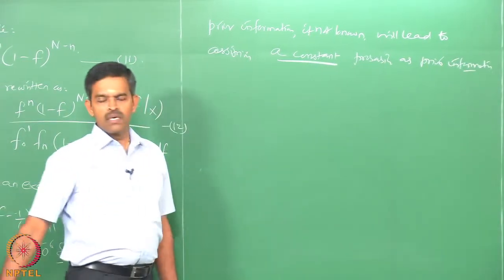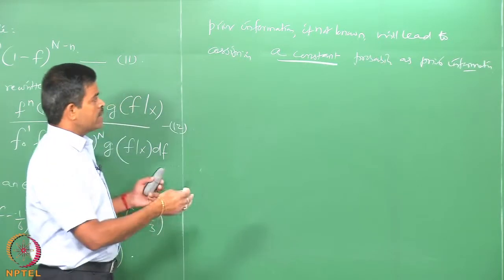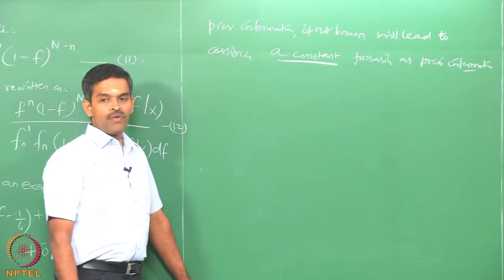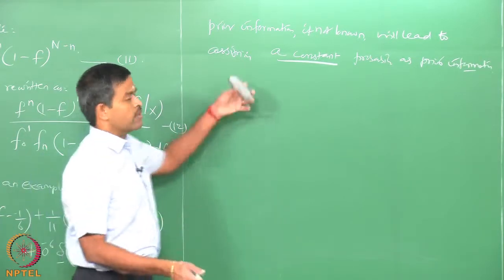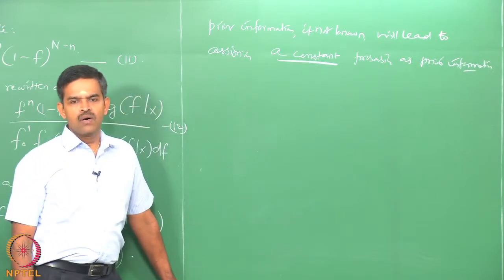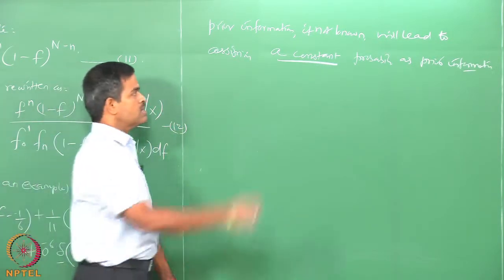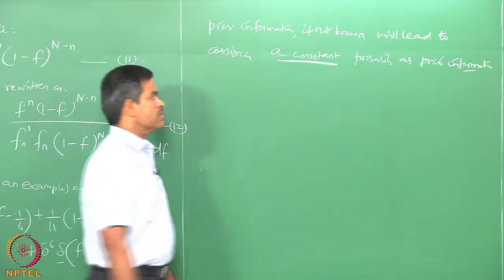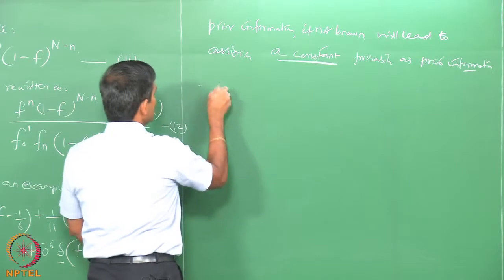So, do not use any data which may be available but about which you are not sure whether the failure has occurred or not. Then, in order to normalize it correctly, one must consider the following, because since I have not considered any information available to me, I have taken this as a constant. So, I need to normalize this.